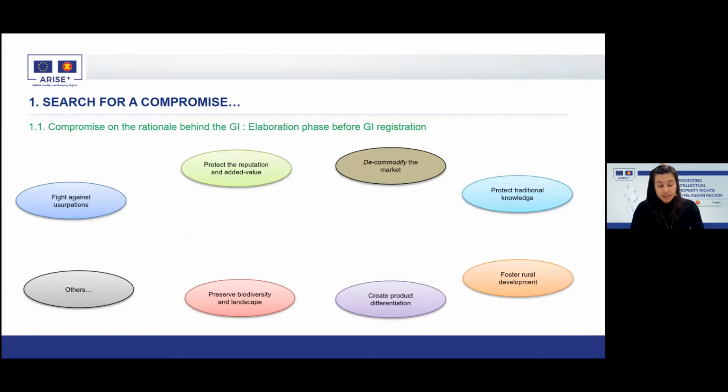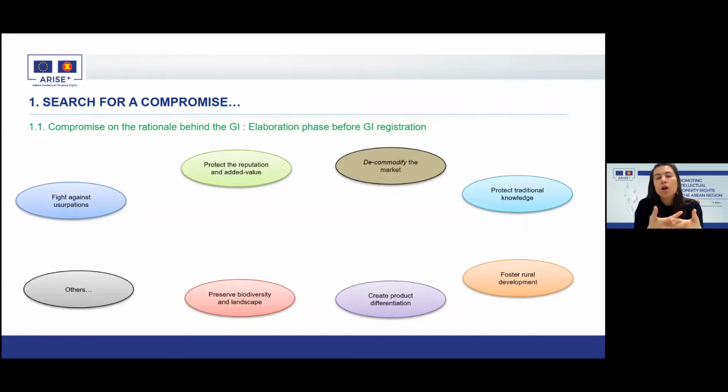We have seen in the previous presentations yesterday that many different rationales are possible for a GI project. The logic that motivates actors to participate in the GI can be, for example, to fight against usurpations or protect the reputation and added value of the product.